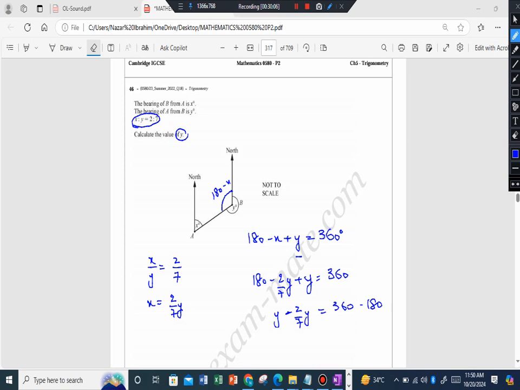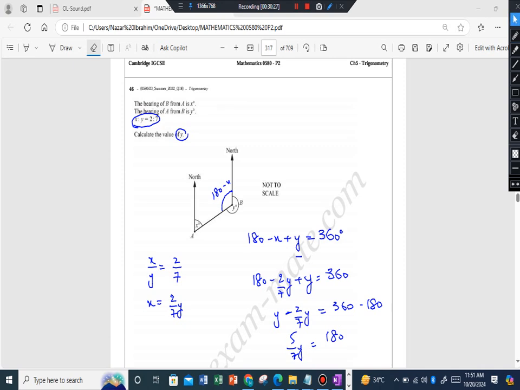So 1 minus 2 upon 7, it means that it will be 5 upon 7, right? 5 upon 7y is equal to 360 minus 180, which will give me 180, right?